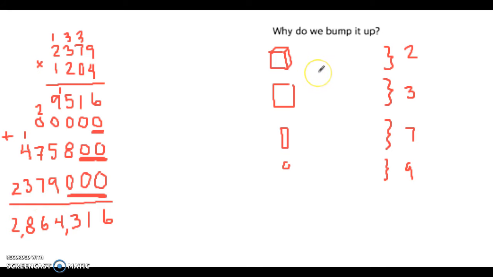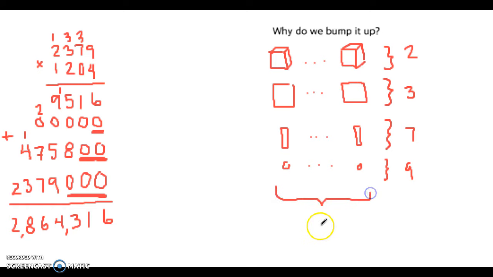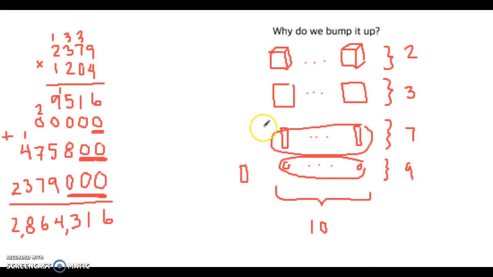So let's look over here and see that we have our 2 cubes, our 3 flats, our 7 rods, and our 9 singles, which make up the number 2,379. Now let's say that you had 10 of all of them. So our 10 singles would combine to make 1 rod.